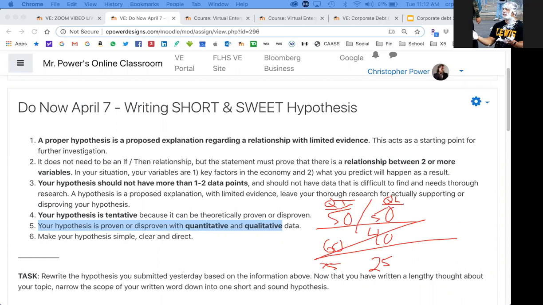What if I told you I challenge you to do your presentation with 100% quantitative data and 0% qualitative? What if I challenged you to do that? Who would take that challenge?